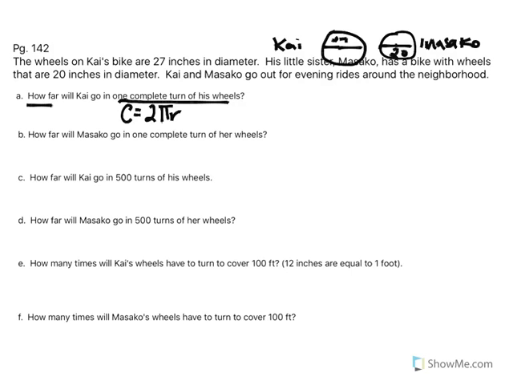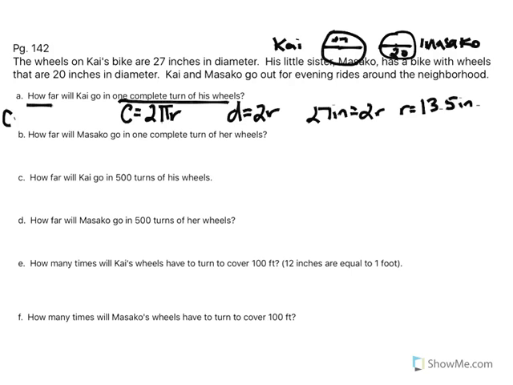So we need to find the radius first before we can use the circumference formula. So we are given the diameter. Diameter equals 2r. The diameter is 27 inches. Solve for r, and we get the radius is equal to 13.5 inches.